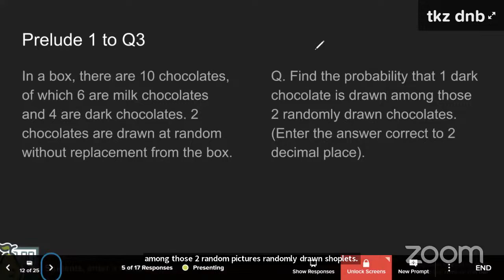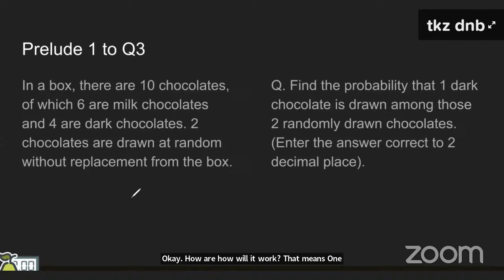That means one dark chocolate is drawn, and the other one is definitely milk chocolate, right? But they have not mentioned at least one chocolate.